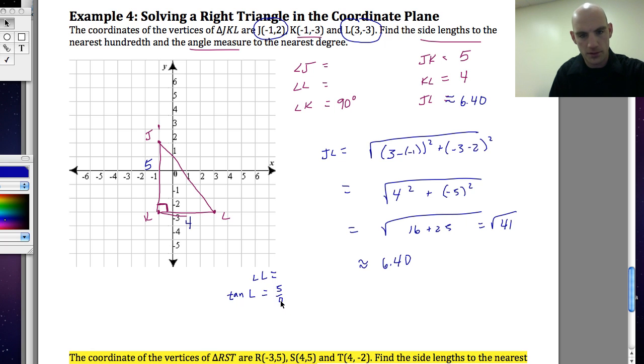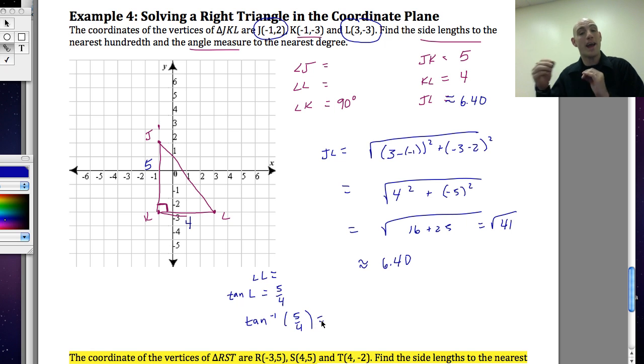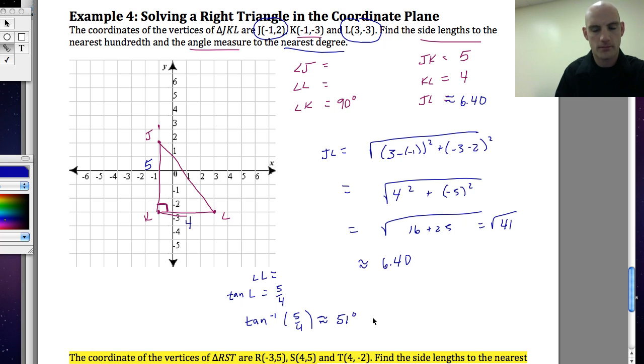I'm having trouble with the 4s today. So when I take tangent inverse of 5/4, that's actually going to give me what angle L is. Calculator. Tangent inverse. 5 divided by 4 equals about, rounded to the nearest degree, about 51 degrees. So that means angle L is about 51 degrees, so that gives me 39 for angle J.